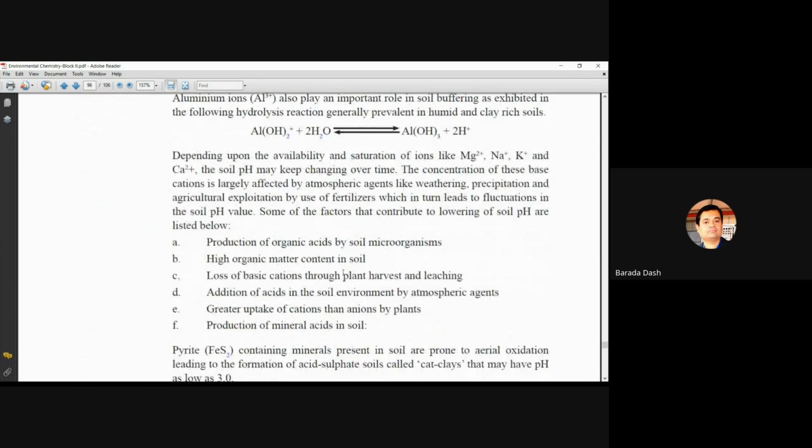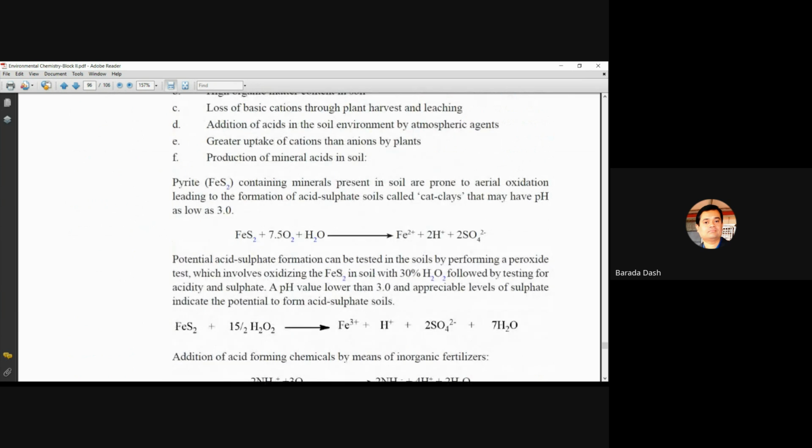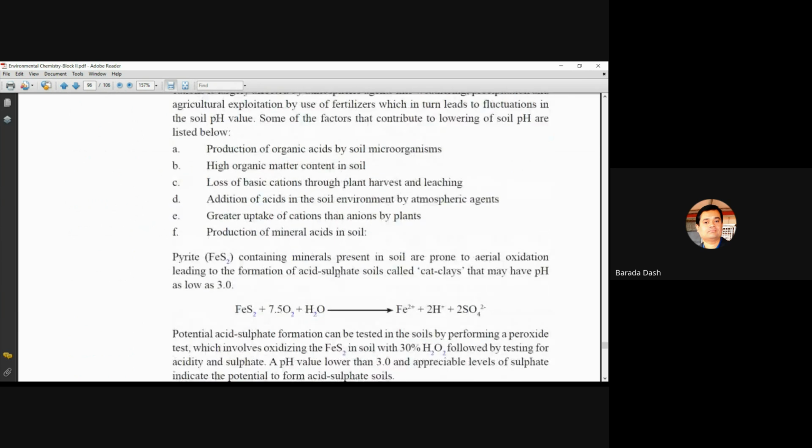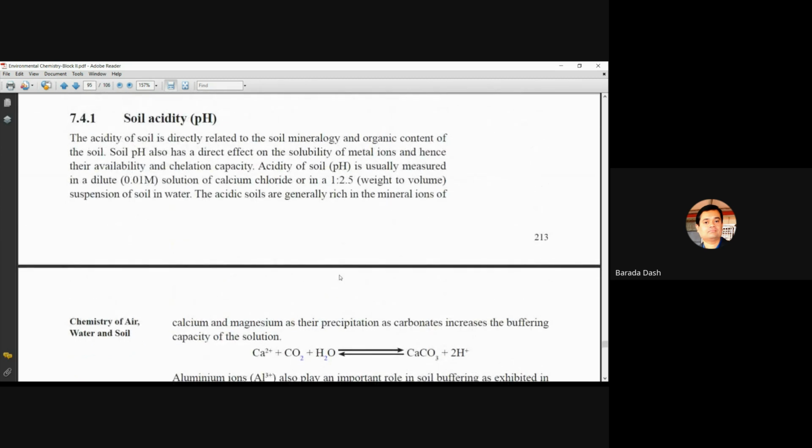So these are the ways in which soil pH can be lowered. And if the soil pH is lower, then it contains a lot of plant nutrients.